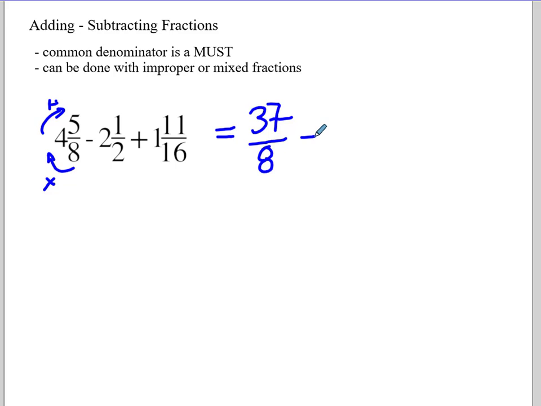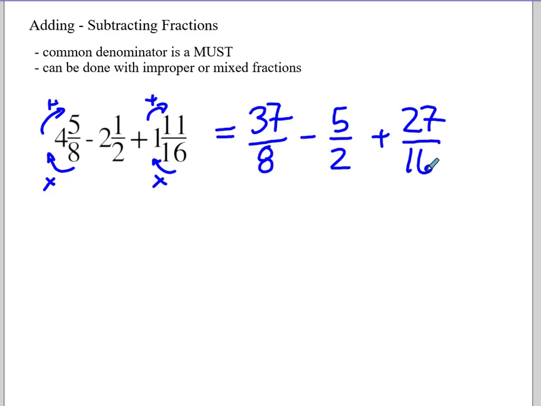Okay, minus 2.5, which is 5 over 2. And then plus, again, I'm going to multiply and then add, just as a refresher on how to switch between those. So 16 plus 11 is 27 sixteenths. Now all my fractions are improper. Now I want to scale them up to get a common denominator.